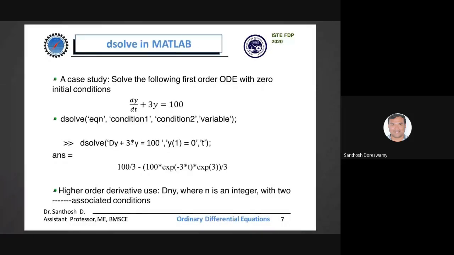The first command is to solve an ordinary differential equation of this form: dy by dt plus 3y equals 100. To solve this problem, you could integrate this differential equation once to yield a general solution. After you integrate, you will end up getting constants, also known as constants of integration.